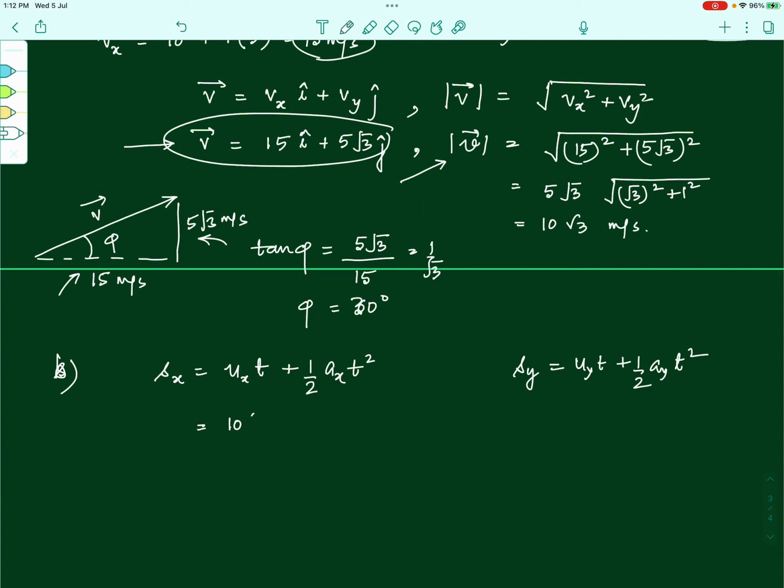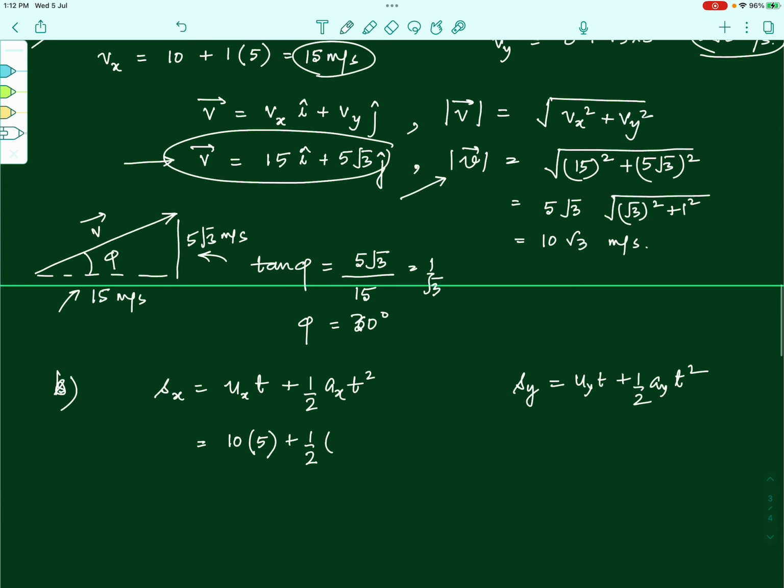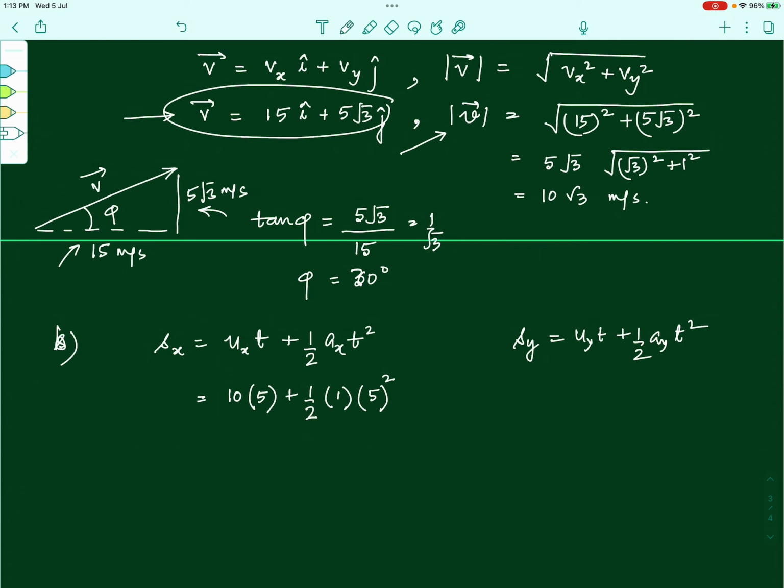Ux is 10, t is 5 plus half, acceleration along the x direction was 1. So 1 into here we will have a 5 squared, right? So you can solve this to get 50 plus 25 by 2, which when you solve after taking the LCM, we will get 125 by 2 meters as your displacement along the x-axis, right?